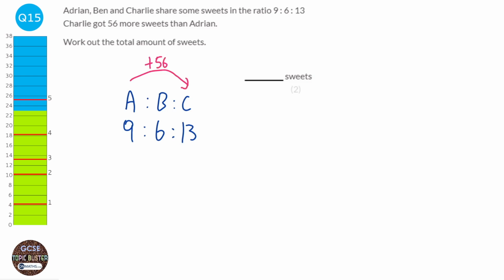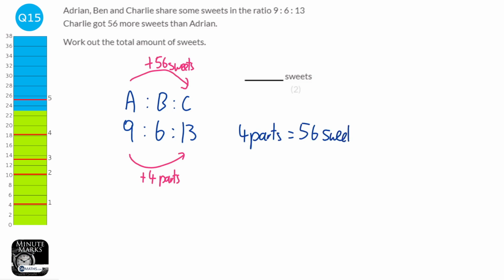Well, looking at the actual parts of the ratio, there are 4 more parts. So plus 4 parts, which represent plus 56 sweets. So the 4 extra parts are worth 56 sweets. So 4 parts are worth 56 sweets.